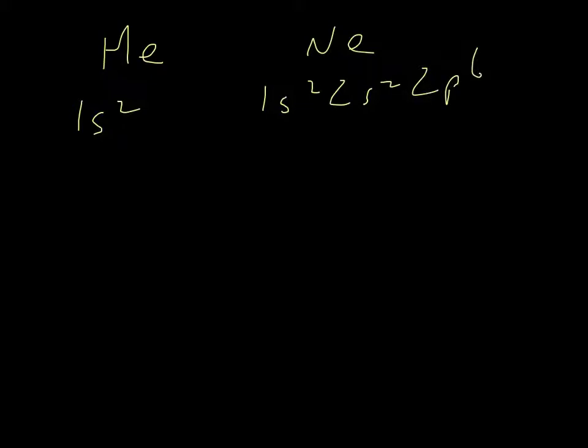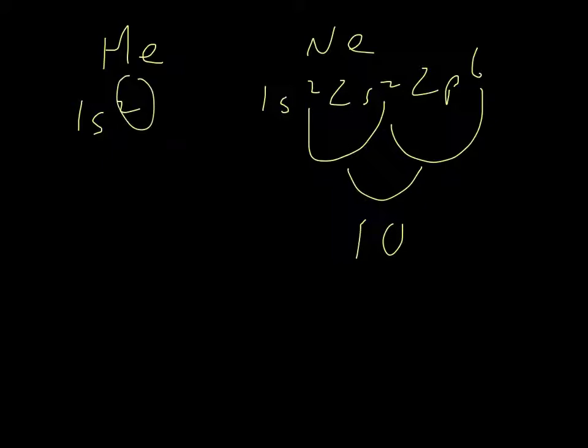Remember, it's a noble gas, so all its shells are filled completely. So you will have full shells. And another way you can check, neon's number 10 has 10 electrons, then 2 plus 2 plus 6 makes 10. Whereas helium, second, should only have 2, and it has 2.